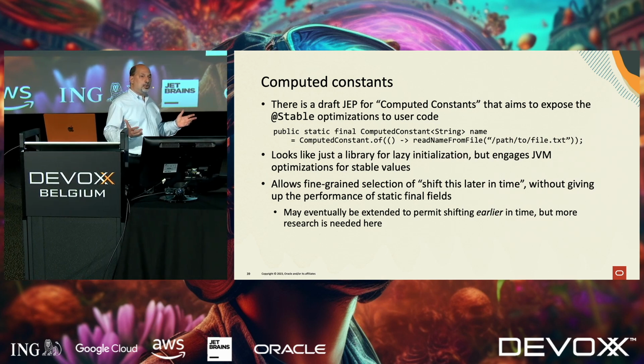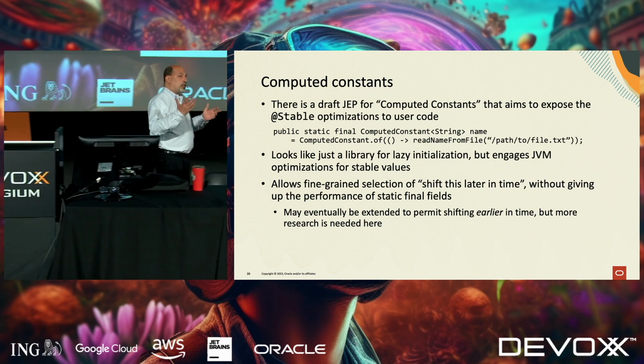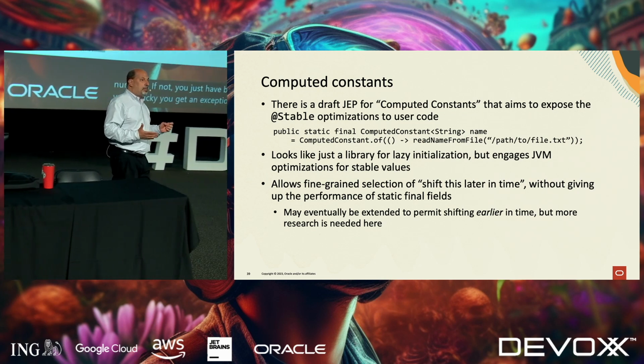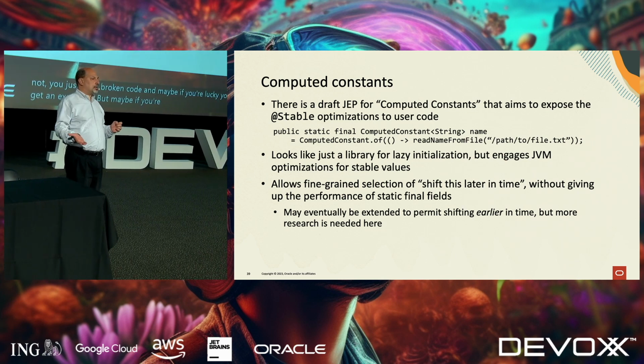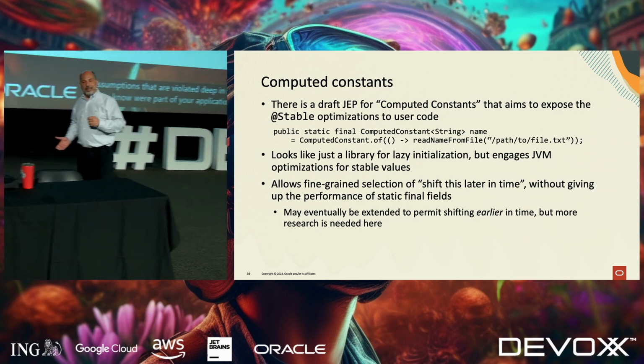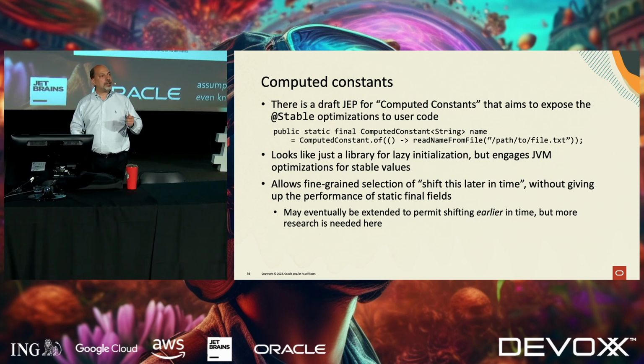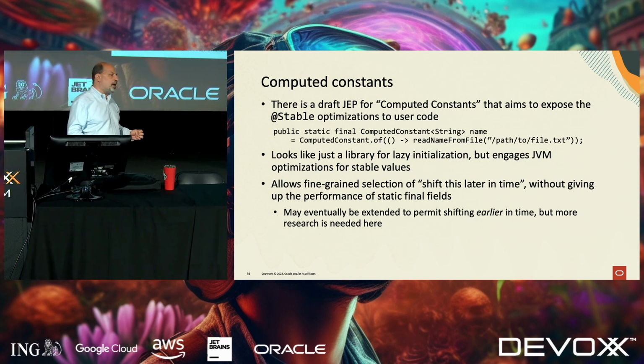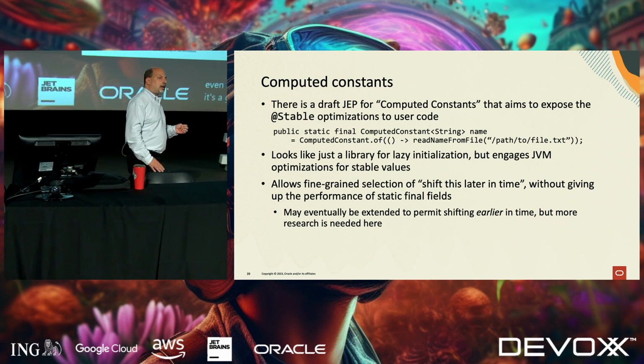If not, you just have broken code. And maybe if you're lucky, you get an exception. But maybe if you're unlucky, you just get wrong answers. And those wrong answers come from assumptions that are violated deep in libraries that you didn't even know were part of your application. So I think CRaC is a good exploration, but I'm not optimistic about it as a programming model.